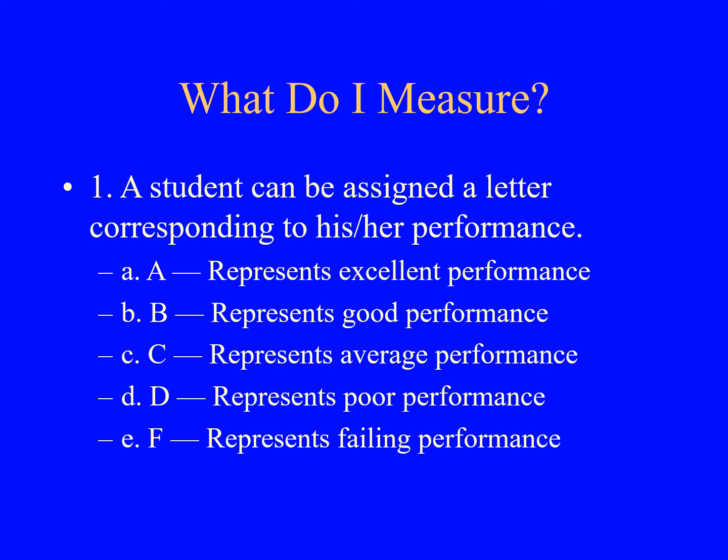Number one, a student can be assigned a letter corresponding to his or her performance. A represents excellent performance, B represents good performance, C represents average performance, D represents poor performance, and F represents failing performance.